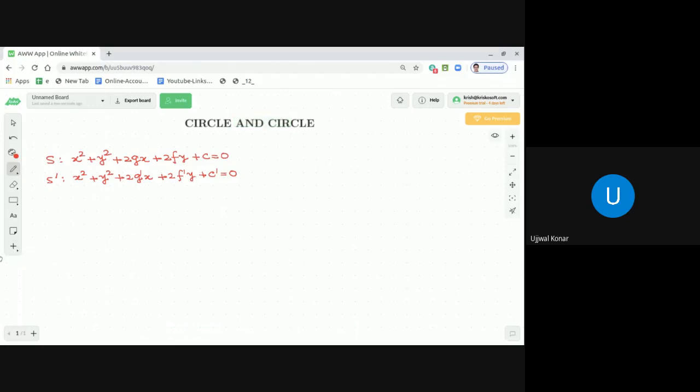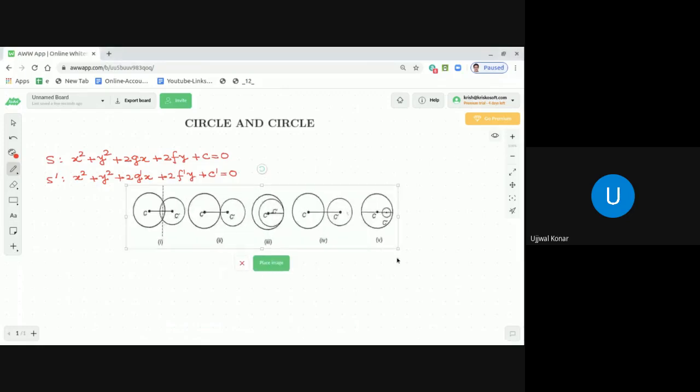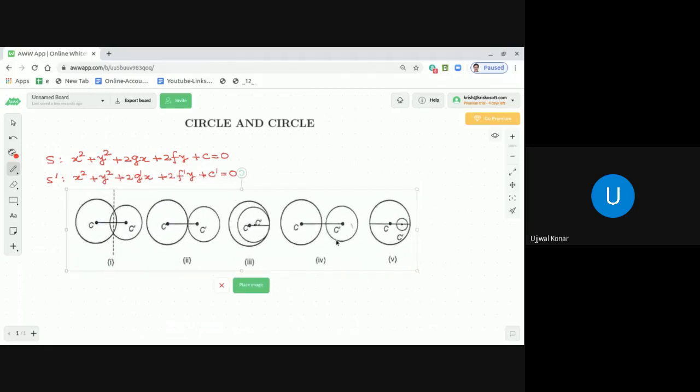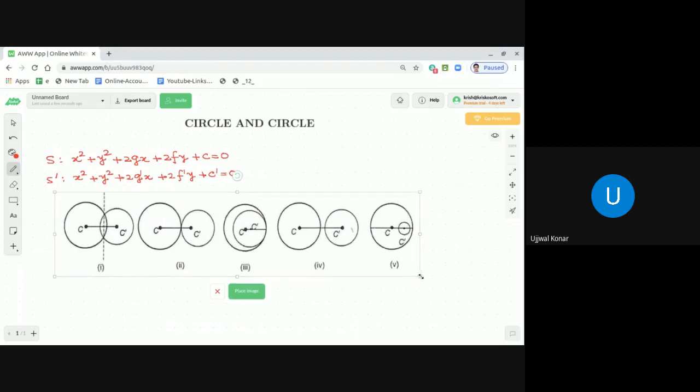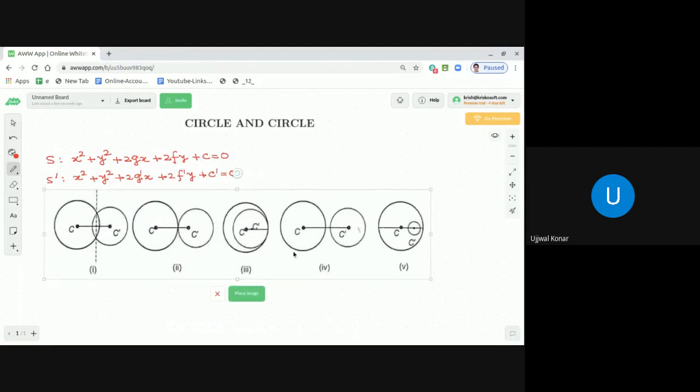Now, think about what would be the different relative positions of the circles. If you look into it, dear students, you will find these are the 5 relative positions you can think of, as you see on the screen. Let's assume the first circle has the center at C, and the second circle has the center at C dash.